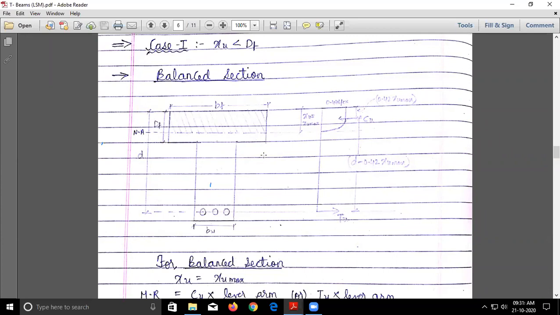That is the reason we have conditions. The first condition is xu is less than df. In the figure you can see this xu lying inside the thickness of the flange. Did you understand the first case, what I'm talking about? xu is less than df. What is df? Depth of the flange. Yes, is this clear everyone?